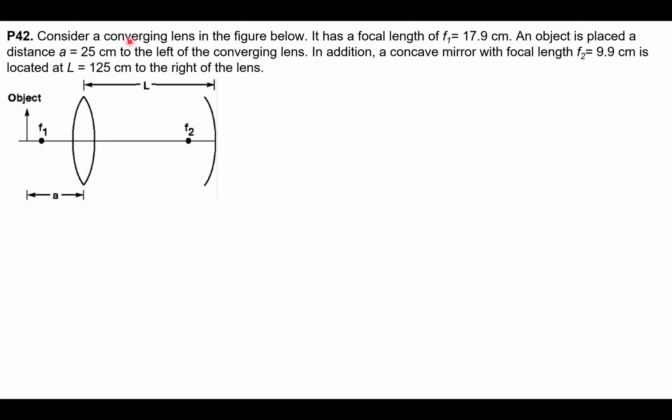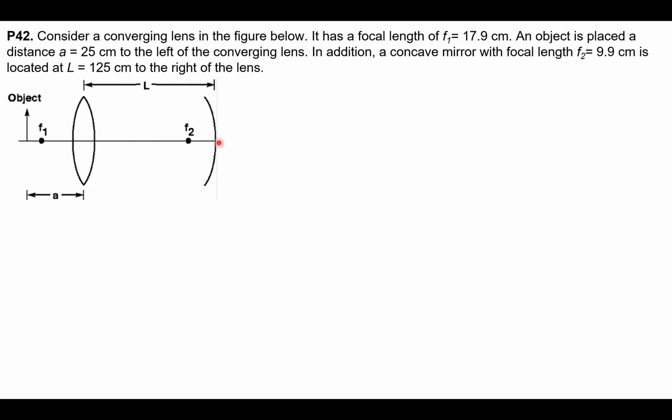Consider the converging lens in the figure below. It has a focal length of f1. The object is placed at a distance of 25 centimeters to the left of the lens. In addition, there is a concave mirror with a focal length f2 of 9.9 centimeters.